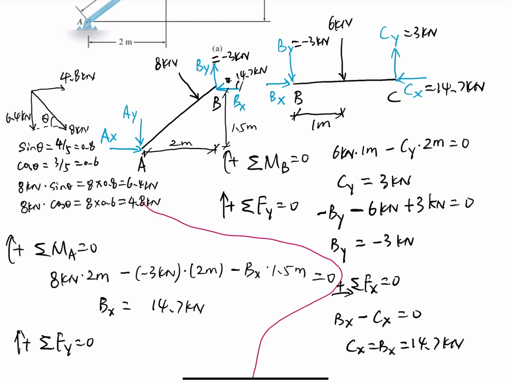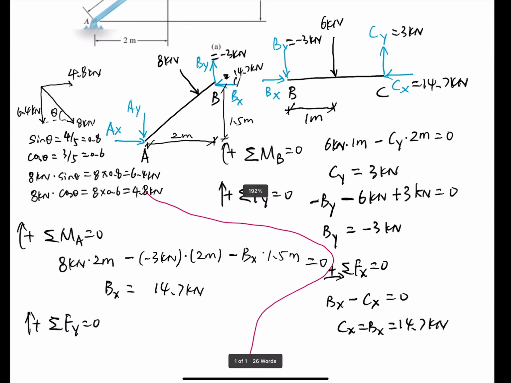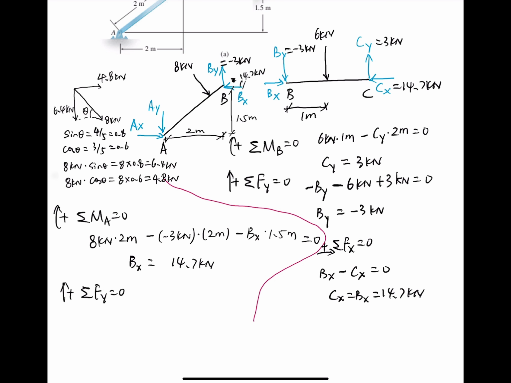Then we can write down the equation of equilibrium for member AB. So for member AB, let's just replace this 8 kilonewton with two components.